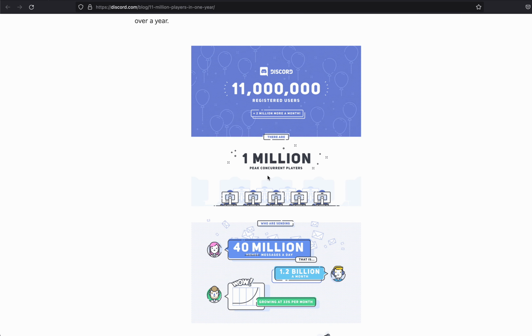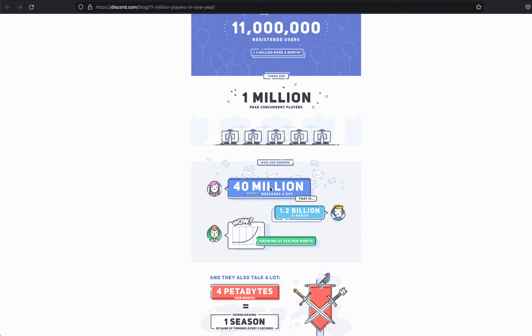At peak time they have 1 million concurrent players, and these registered users are sending around 40 million messages a day, which amounts to 1.2 billion messages a month. This data is ever increasing, at around 33% per month.